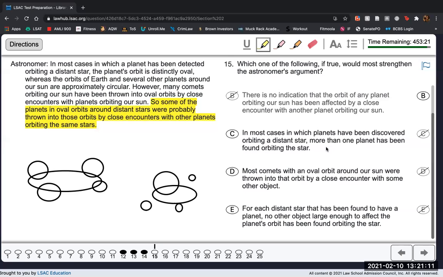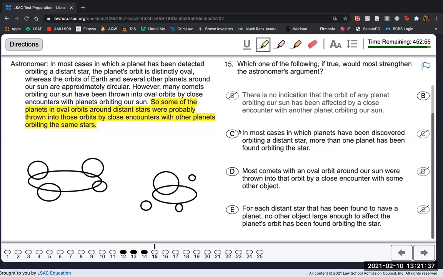C: in most cases in which planets have been discovered orbiting a distant star, more than one planet has been found orbiting the star. This is opening up pretty broad so far. Basically, we see things orbiting distant stars, and there's more than one planet. It'd be hard for another planet to pull you into an oval orbit if there's no other planet.